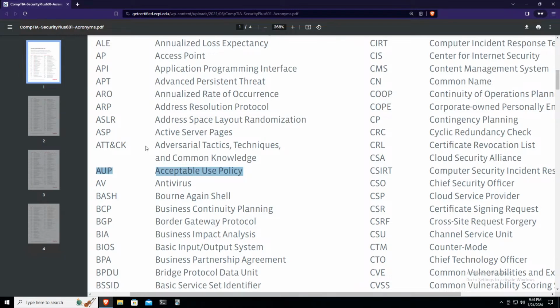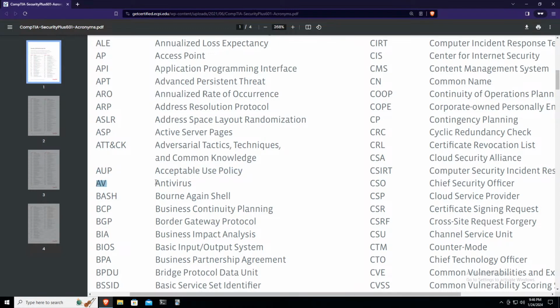So acceptable use policies are everywhere. Usually they are done by the managerial and administrative staff, and are usually higher level documents.